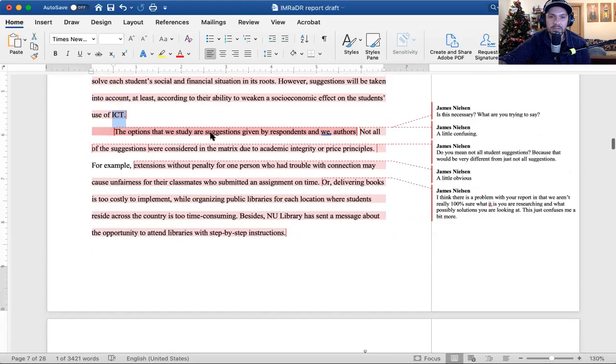The options that we study are suggestions given by respondents and we authors. That seems unnecessary. Like, I don't understand why they are saying that. If they're trying to say we didn't use secondary sources, that's not allowed. Just plain up not allowed, okay? And I heard that a lot throughout this report, they were saying things kind of like this.